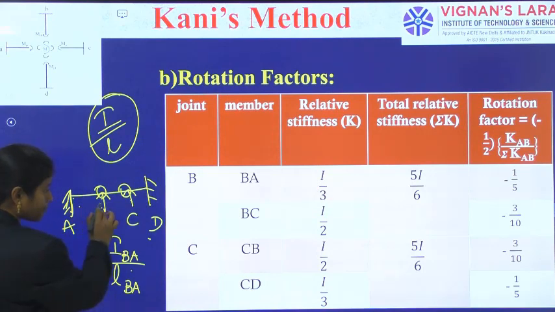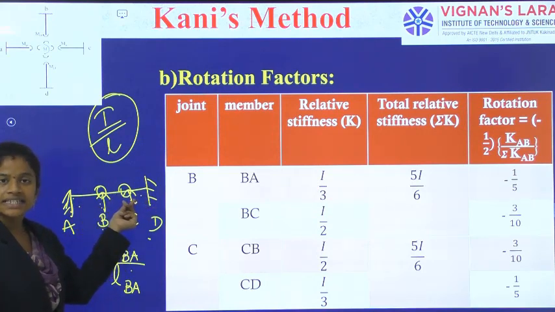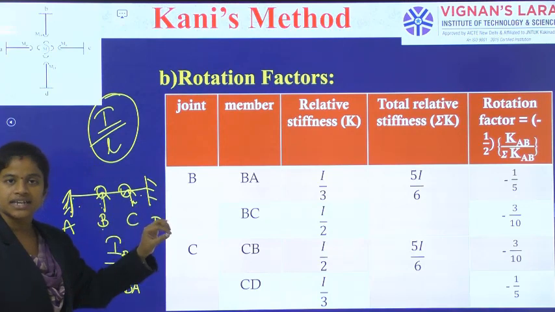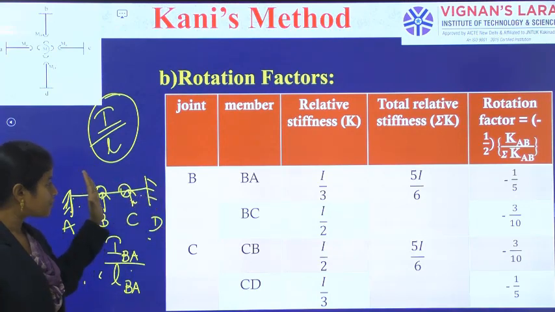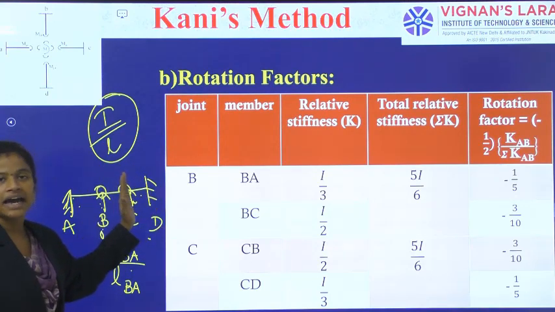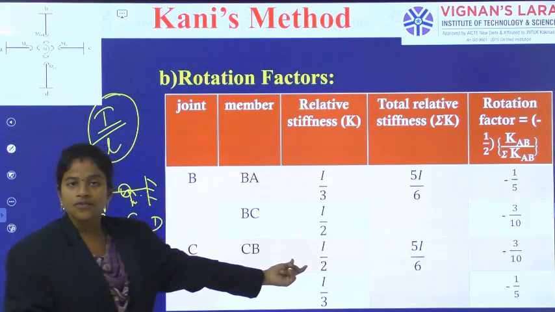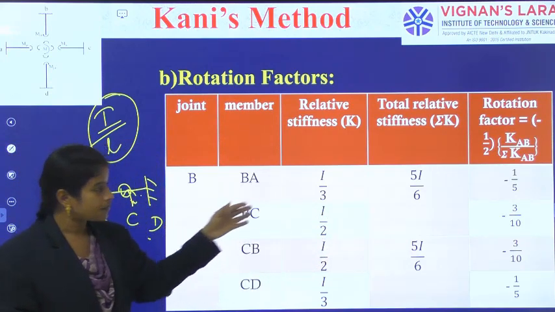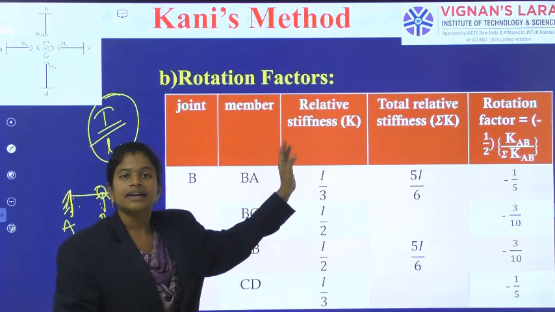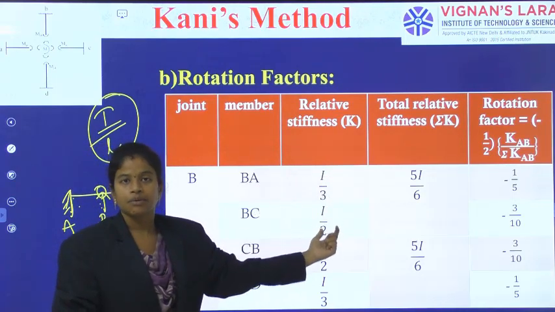Next thing, from B towards C. C is an intermediate support. Even though it is hinged, it is an intermediate support. So from B towards C, again I by L, the moment of inertia of the particular member and the length of the BC member, that is 2 meters. So I by 3 and I by 2 are the relative stiffness for the members BA and BC.